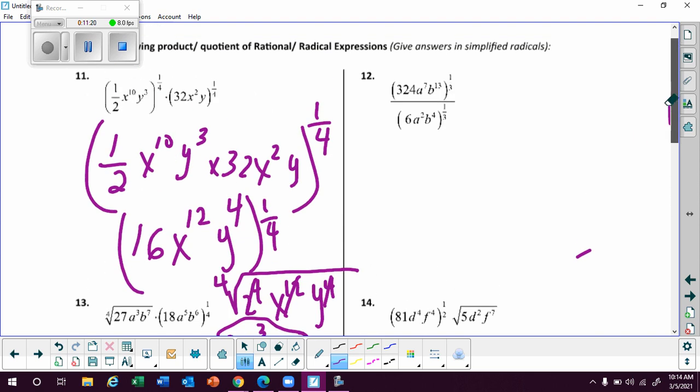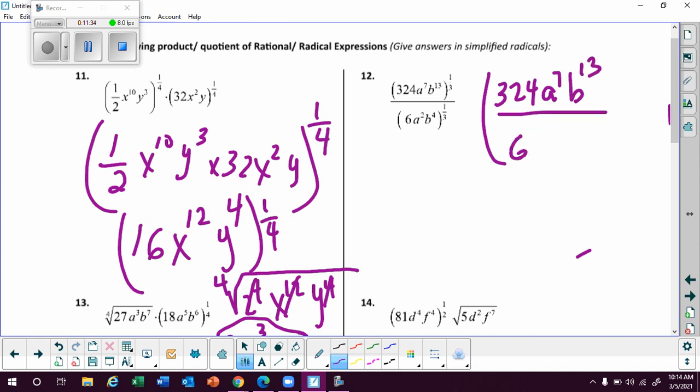All right. Number 12. They're both to the 1/3, so I can literally write it as 324 a7 b13 over 6 a squared b4, and then to the 1/3, right? So can I simplify 32 divided by 6?